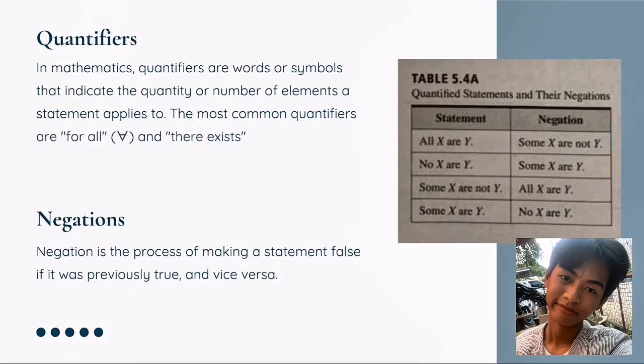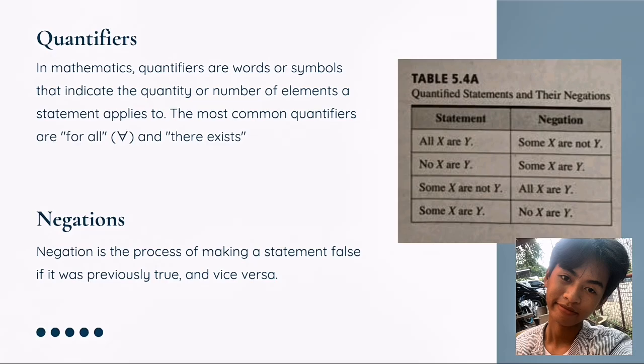Now, let's differentiate quantifiers and negations. In mathematics, quantifiers are words or symbols that indicate the quantity or number of elements a statement applies to. The most common quantifiers are "for all" and "there exists."